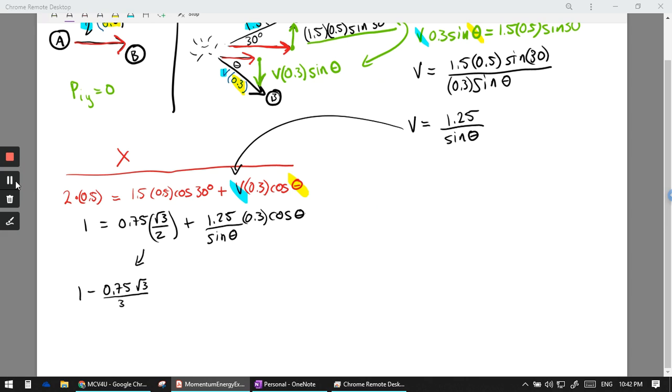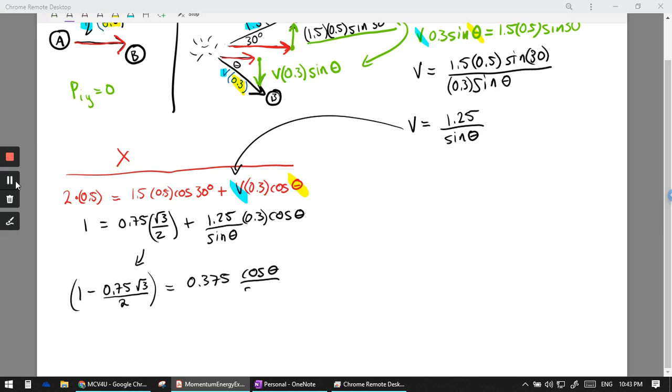I'll just leave it as is here. Okay. That's passed over, right? This equals the 1.25 times 0.3, right? And so that guy gets passed over as well. And that's 0.375 as well, right? So 0.375. And it leaves me a cosine theta.